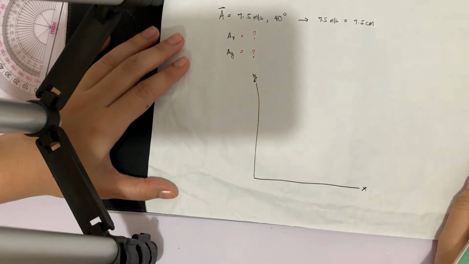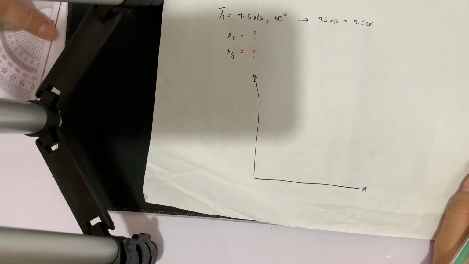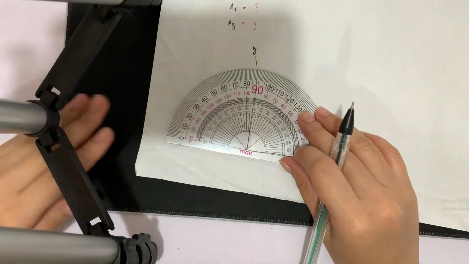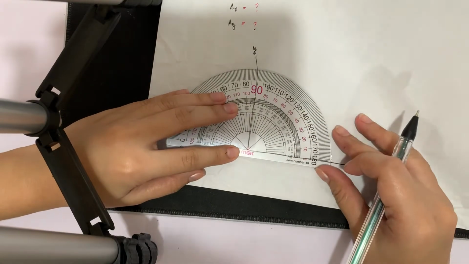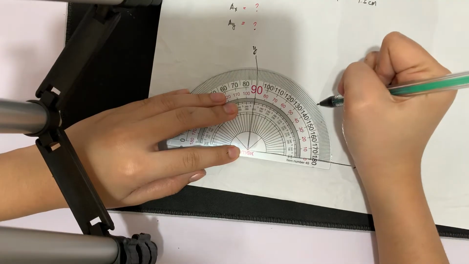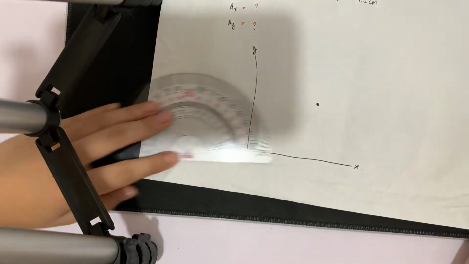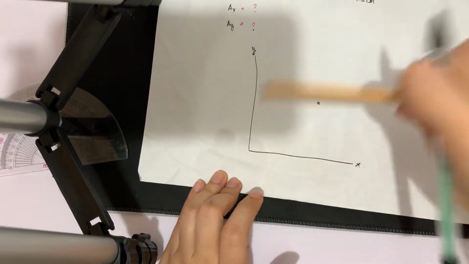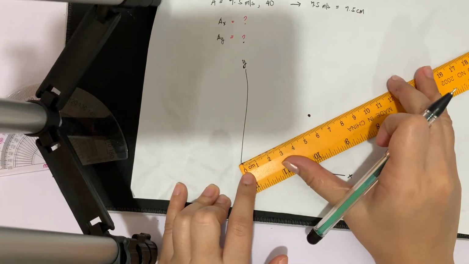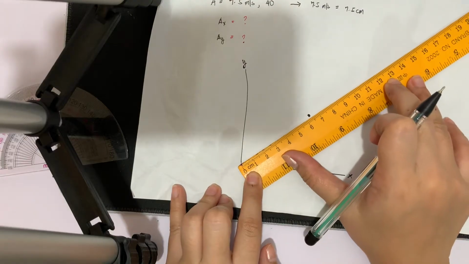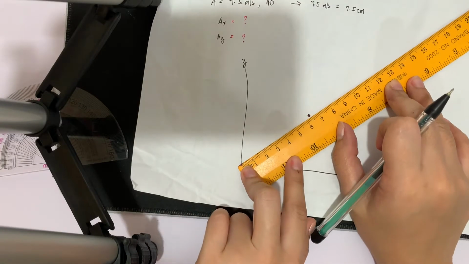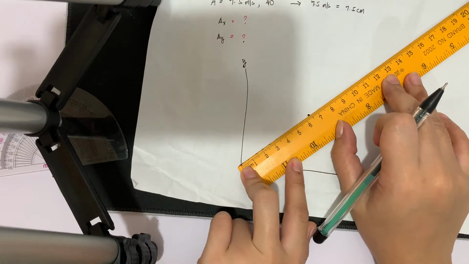Now let's plot the angle 40 degrees using our protractor. From the origin, we have our 40 degrees located at this part. Then from the origin, we are going to measure 7.5 cm up to the point at 40 degrees.